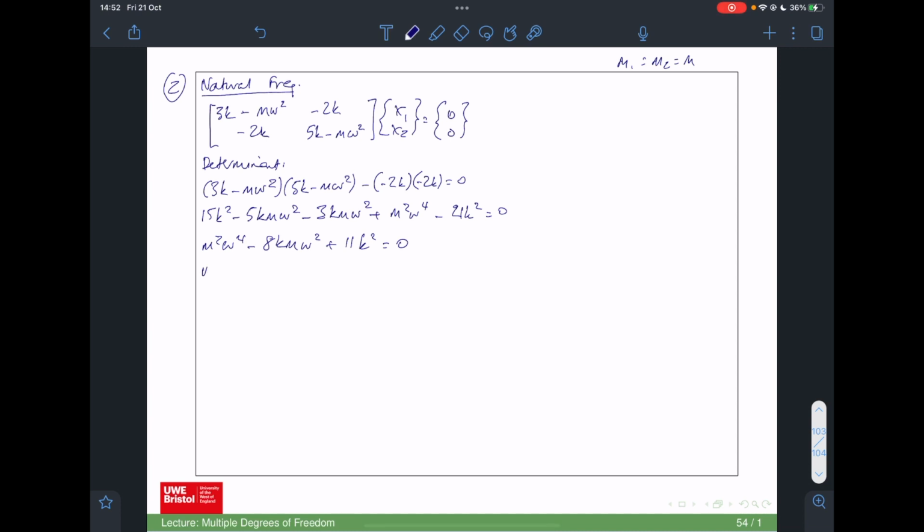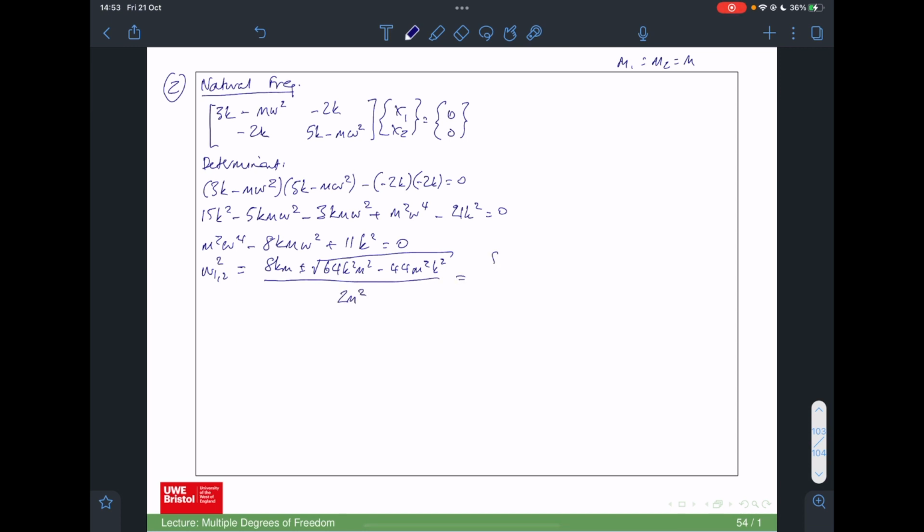So omega squared equals minus b, so 8km plus or minus the square root of b squared, so 64k squared m squared, minus 4ac. That's 4 times a, which is m squared, times 11k squared, so that's 44, over 2a, 2m squared.